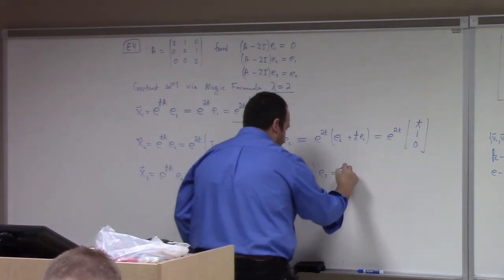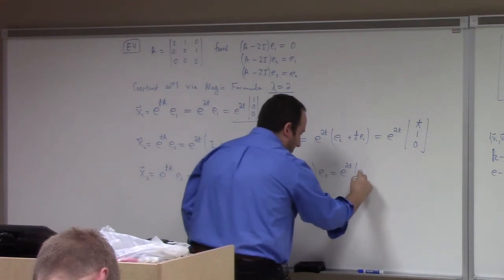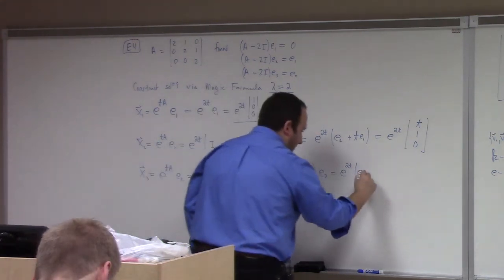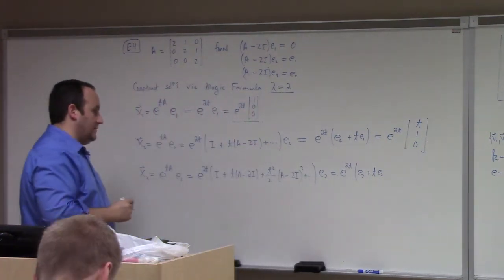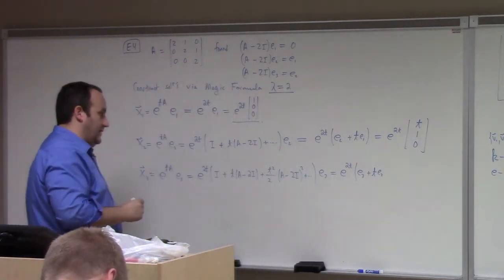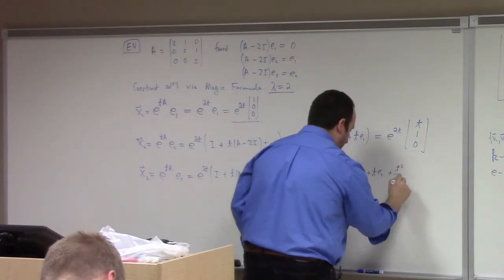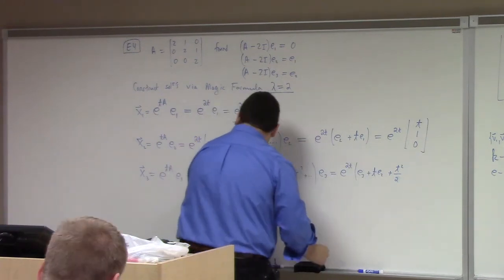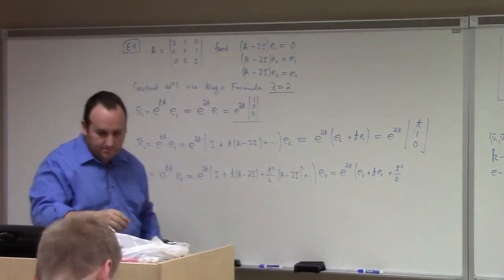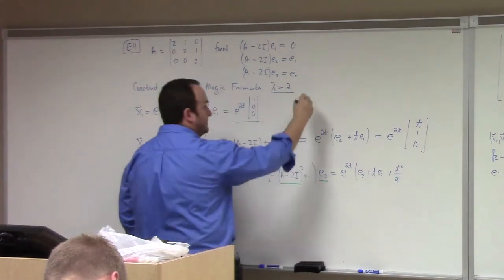So what does that give me? That gives me e to the 2t. The I gives me e3. And then I get plus t times what? t times e2. And then I get plus t squared over 2 times what? Let me explain this last piece. So when this hits that, what happens?